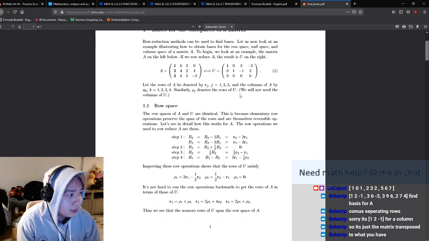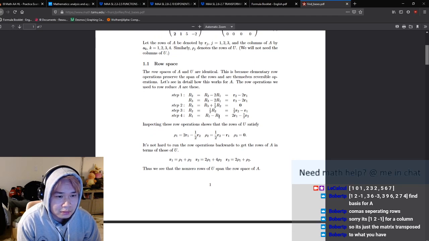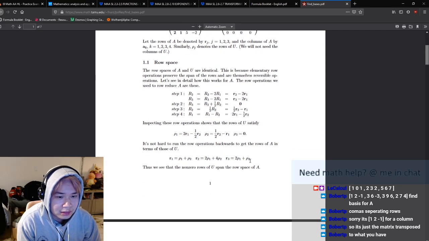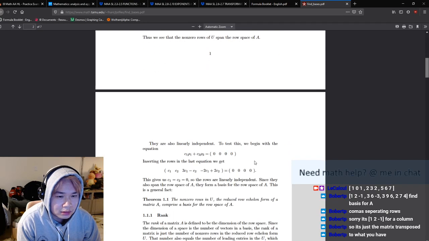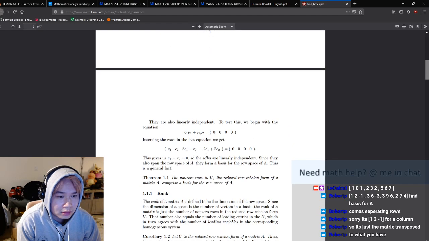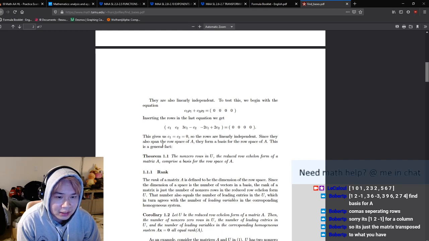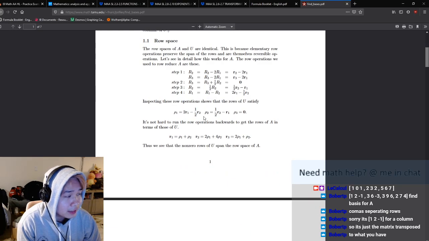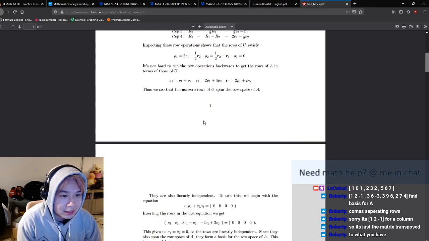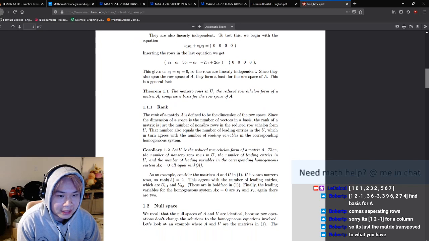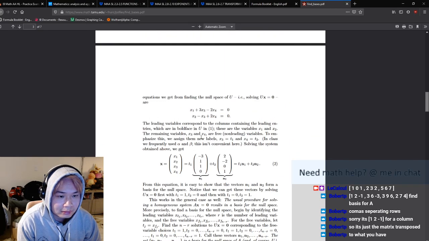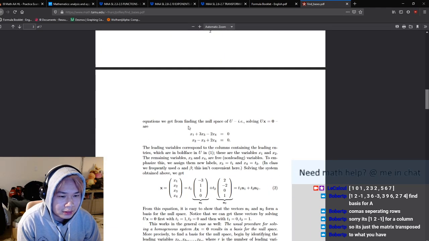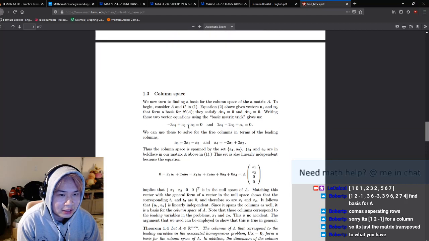And then you can observe the row space, which means that you can find some expression, find out which ones are linearly dependent, and then whichever vectors span the row space or the column space are going to be your basis. And then I don't think you need to know rank and null space just yet.